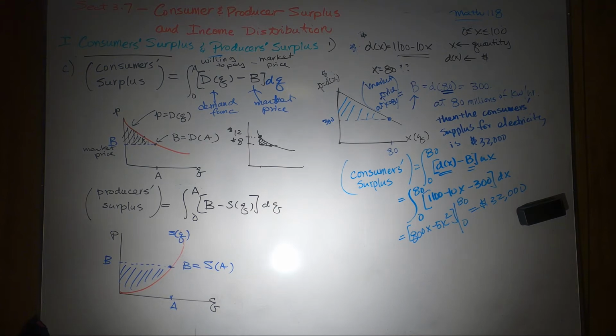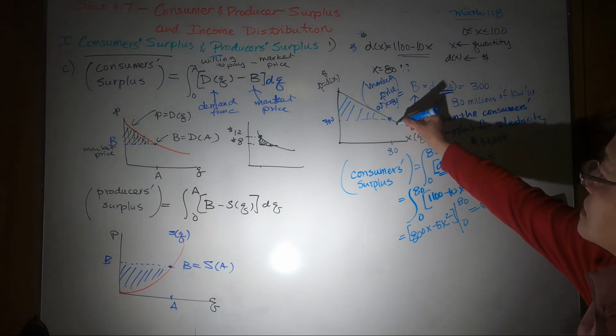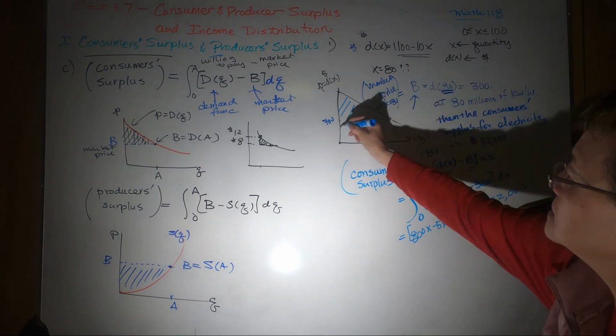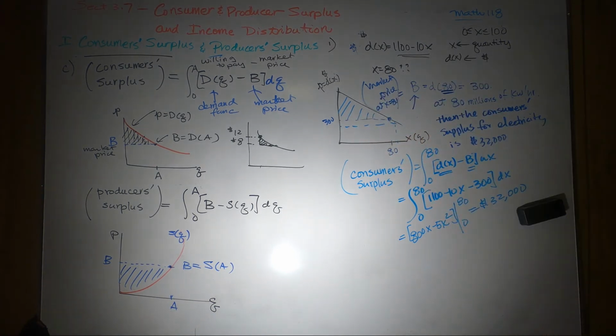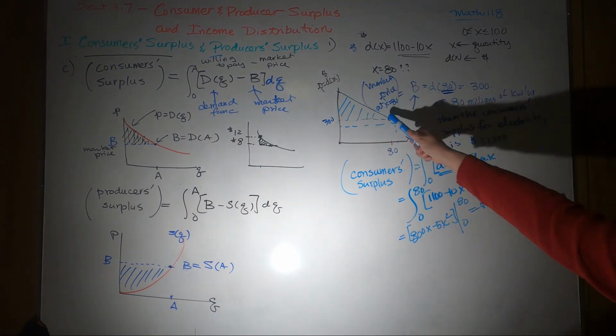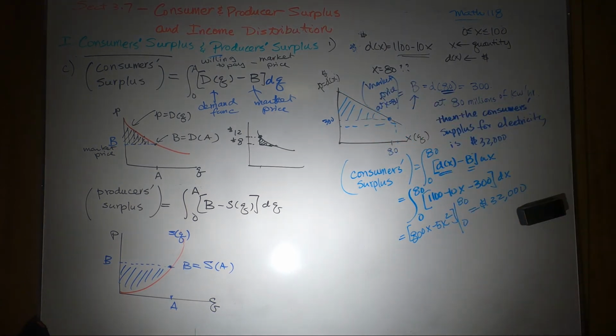So what happens if the electricity company produces more, say to 90 million kilowatts per hour? If they produce more, then consumers are willing to pay actually according to this demand function, right?